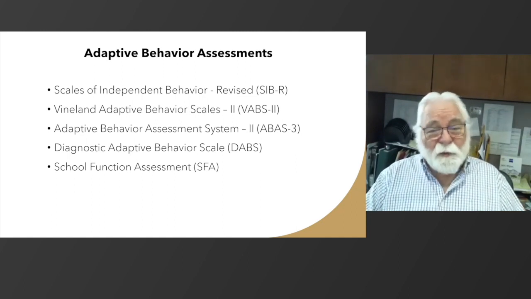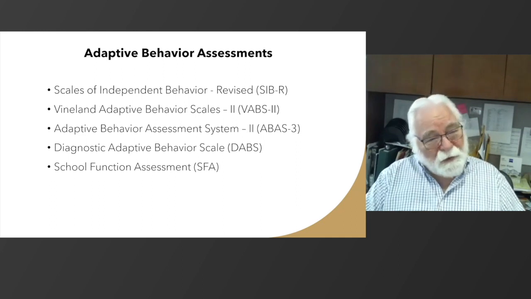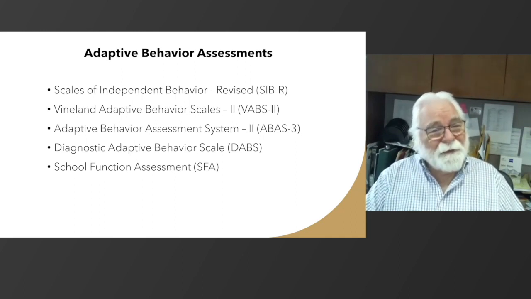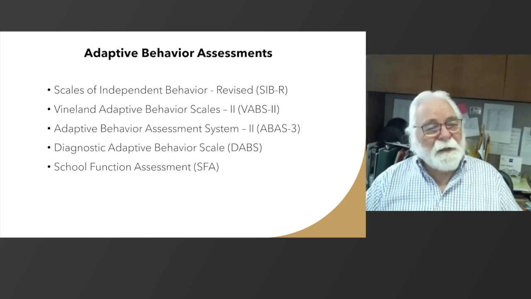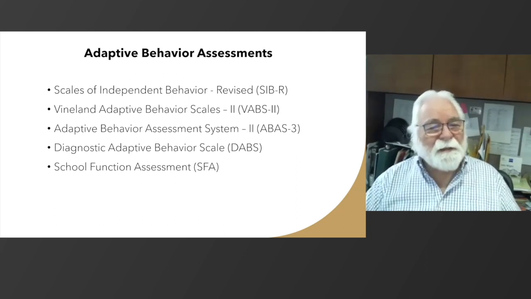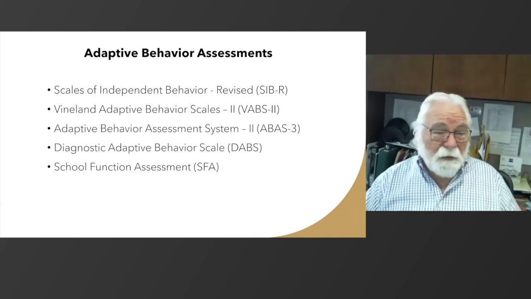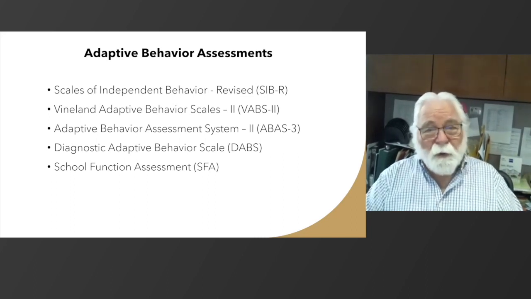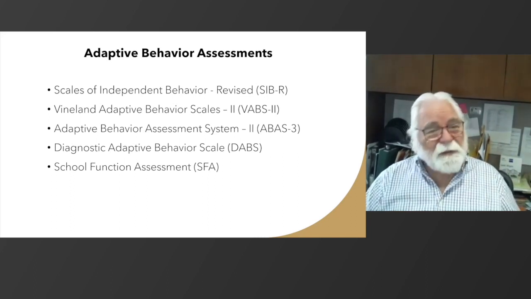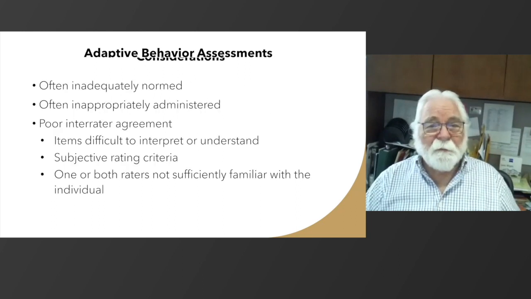Are there certain things we need to do at school in order to enhance the youngster's independence? When we look at the Vineland piece, there are some items on that, but it's not as detailed. So this is the school functioning assessment. It's not that long. It's not that tough to complete. And that would be completed by someone who knows the youngster. So that's some of the issues to think about with these adaptive behavior measures.